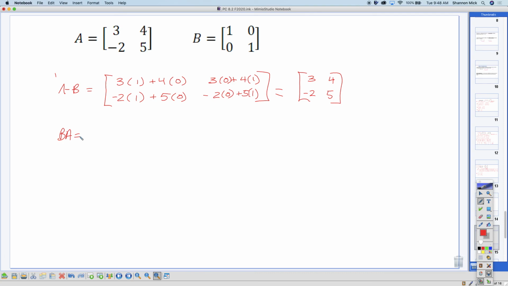So BA, let's prove that to ourselves. 1 times 3 plus 0 times negative 2, 1 times 4 plus 0 times 5, and then 0 times 3 plus 1 times negative 2, 0 times 4 plus 1 times 5. This is really hard for me to keep straight here.